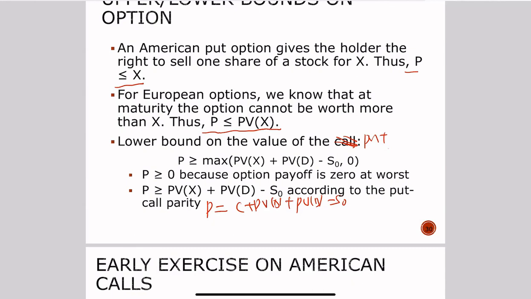And we know that C has to be larger than 0, so we will have the following inequality. This will give us the lower bound. Again, we know that the put price cannot be negative, so we have to add this additional requirement. If we combine these two requirements, we will have this formula here.